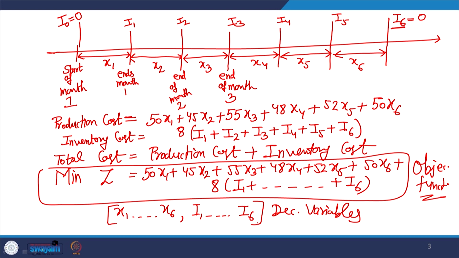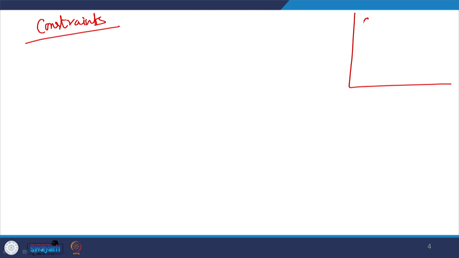Now, the next issue is to formulate the constraints, because in any LP problem, you remember yesterday in our previous session we discussed that you have the objective function, which will be either a maximization or a minimization function.